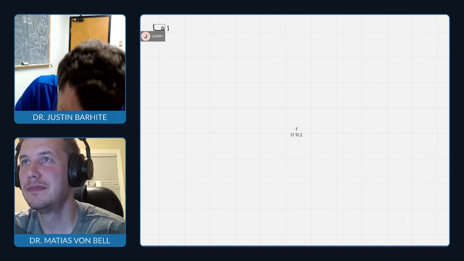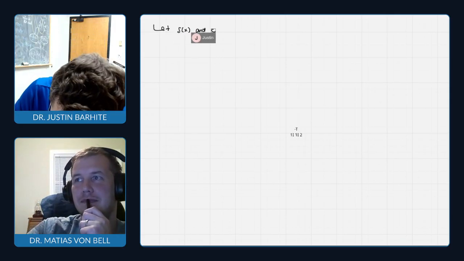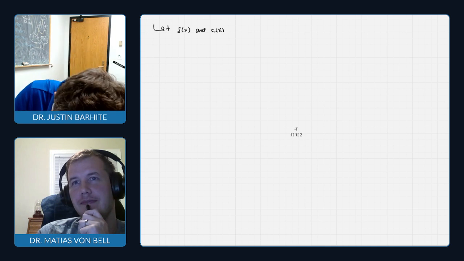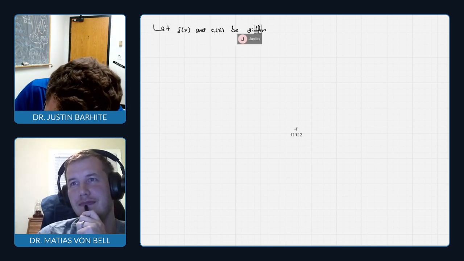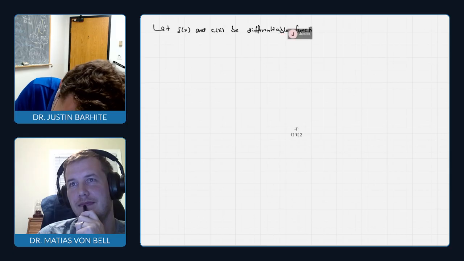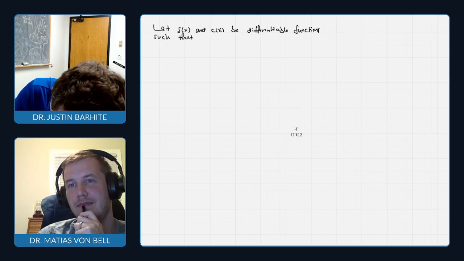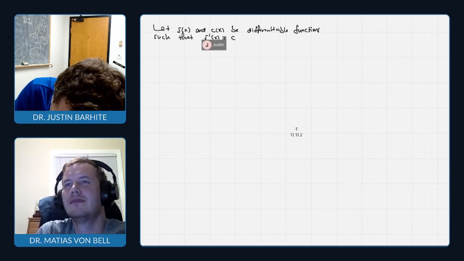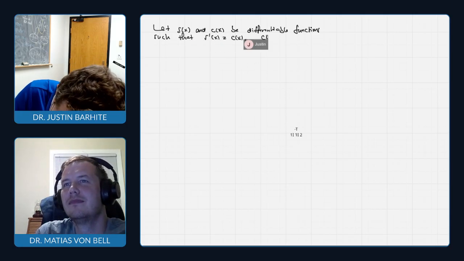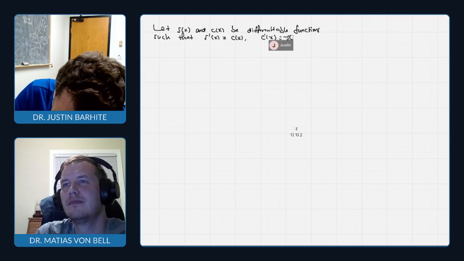So I'm going to let s of x and c of x, obviously meant to suggest sine and cosine, be differentiable functions such that s prime of x equals c of x for all x, and c prime of x equals minus s of x.